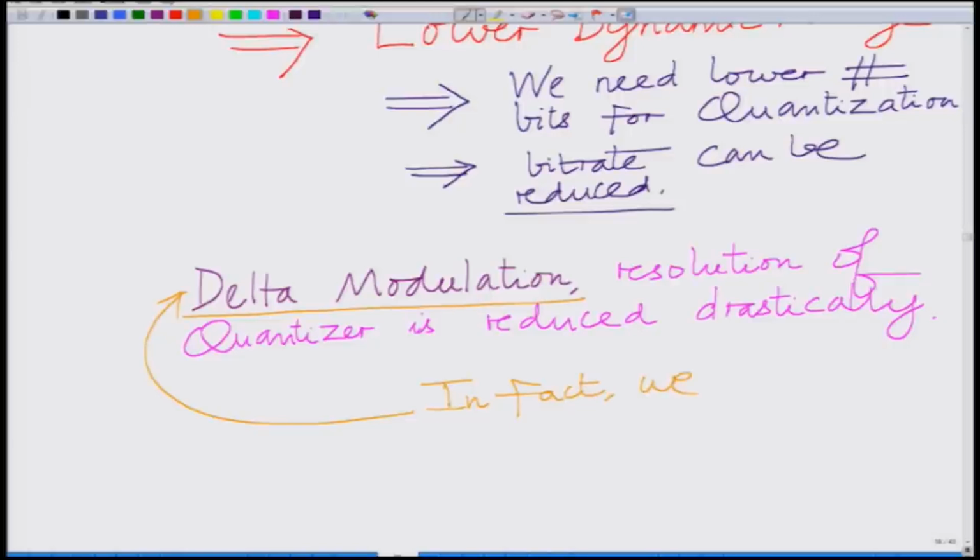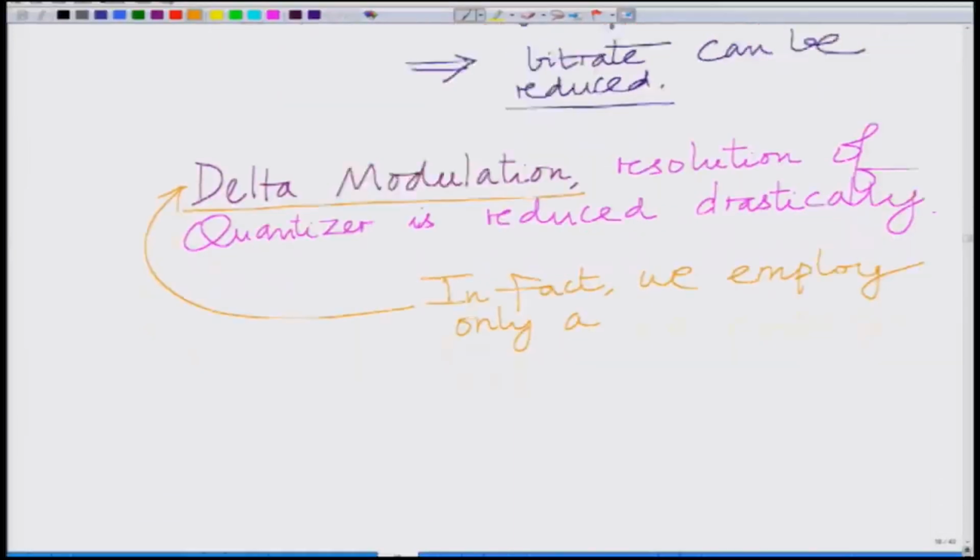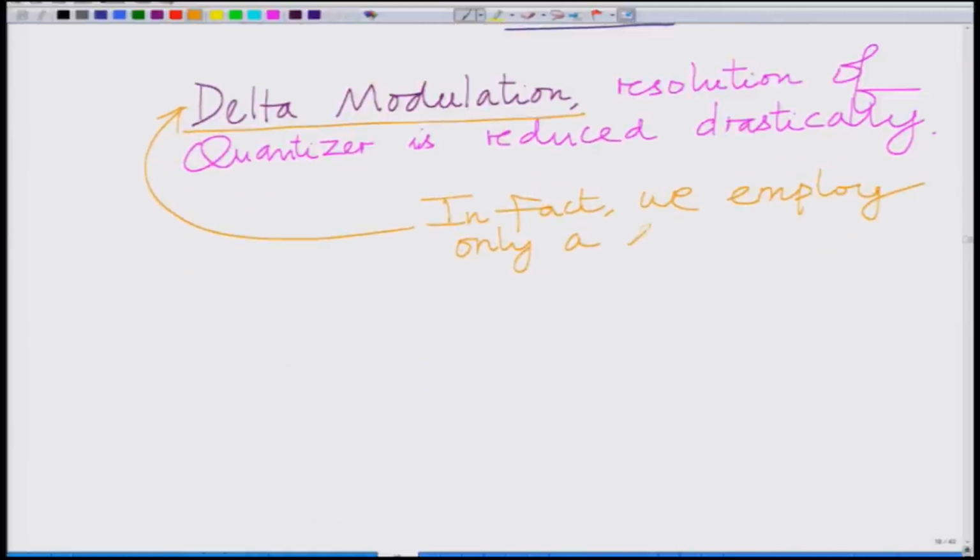In fact, we employ only a single bit before quantizing. That is the important aspect of delta modulation.